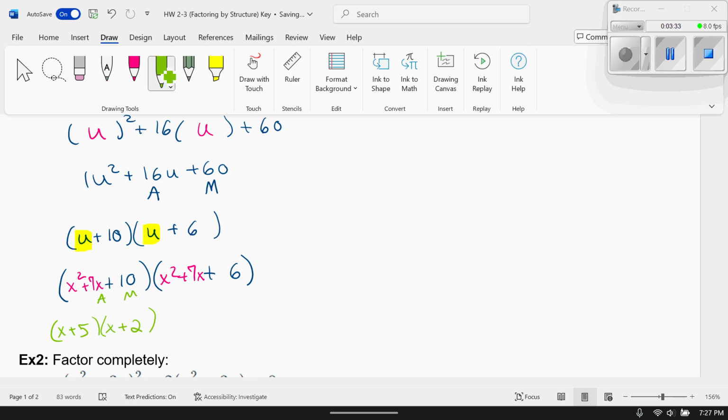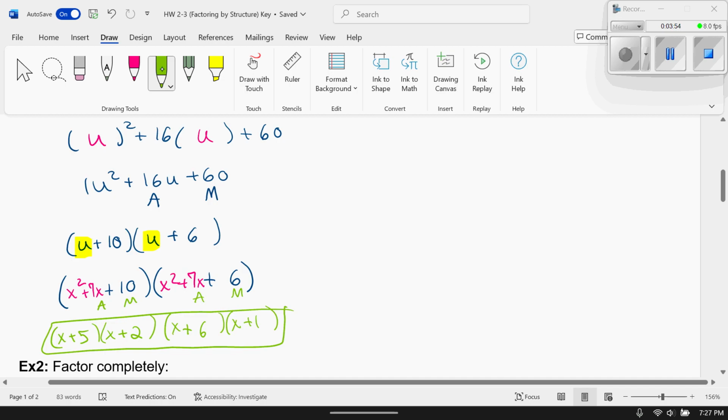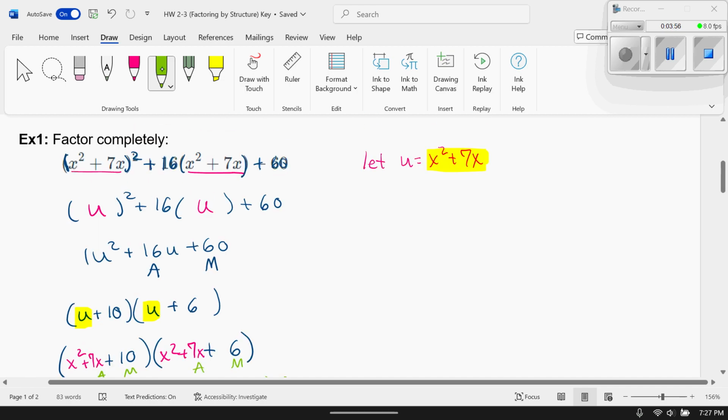And then for the next one, you have a trinomial again. So two numbers that multiply to 6 and add to 7 are 6 and 1. To get your final answer, remember, if you're ever confused, you can put your answer in Y1 and the question in Y2 and match graphs or tables.